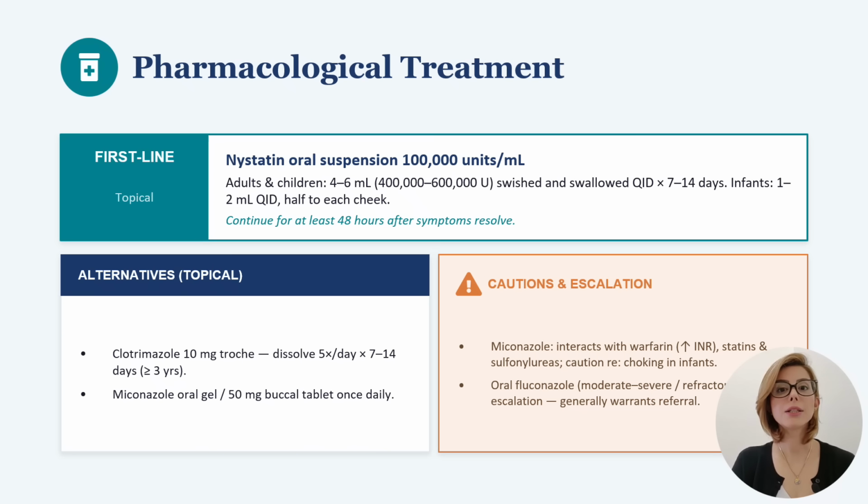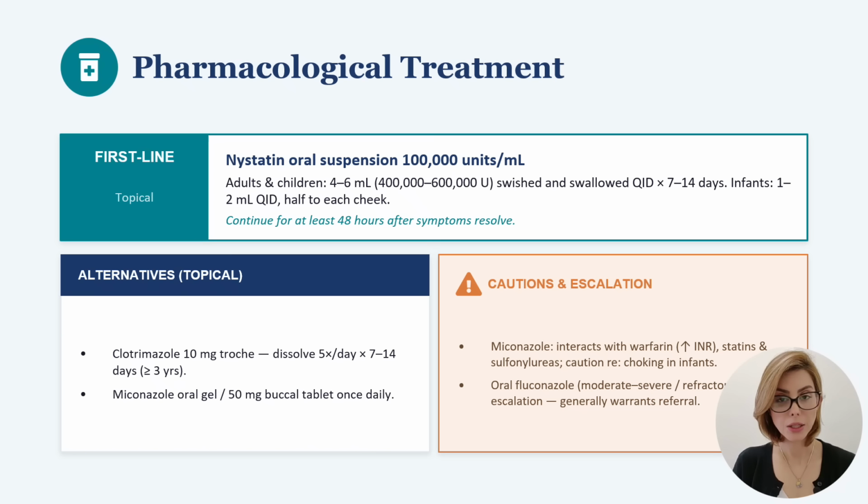If Nystatin isn't the right fit, your topical alternatives are clotrimazole 10 mg troche, dissolved 5 times a day in patients about 3 years and up, or miconazole oral gel or a buccal tablet once daily. Okay, clinical pearl here.